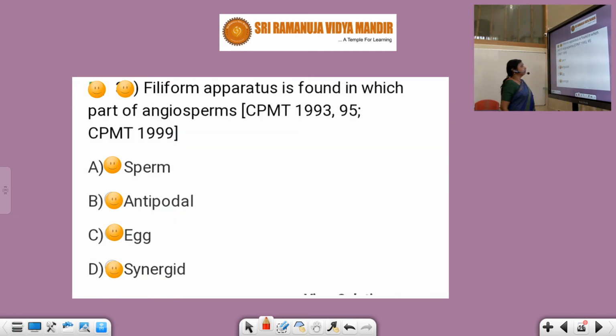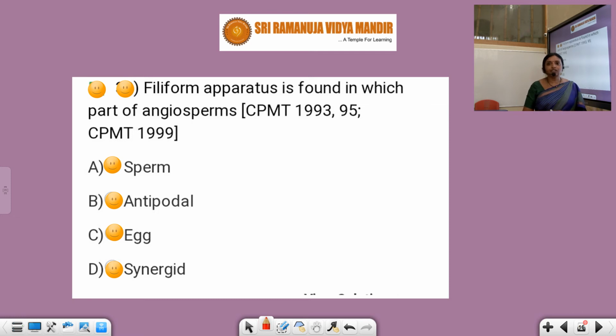Next question. Filiform apparatus is found in which part of the angiosperm? First of all, let's see what filiform apparatus is. These are finger-like projections present in the synergids of the embryo sac.